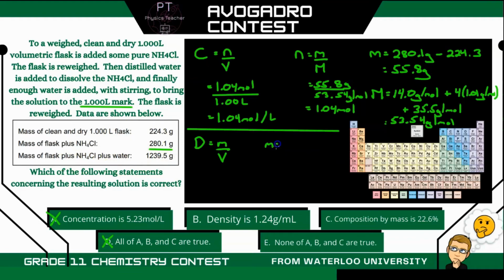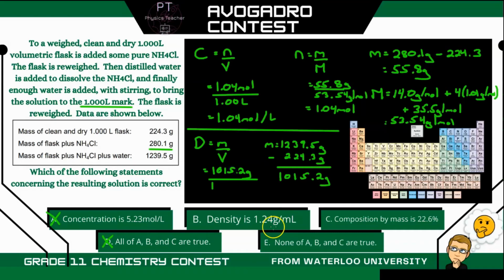So our mass then is going to be 1239.5 grams, subtract the 224.3 grams. And we get a mass of the whole solution to be 1015.2 grams. And we know the volume is 1 liter, so we can calculate our density now.